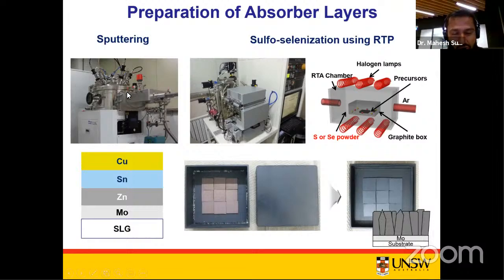So the actual photograph of the sputtering system, then the rapid thermal annealing process, the schematic of how this rapid thermal annealing process is carried out using sulfur and selenium mixed powders in a graphite box, the photograph of the precursor film deposited using sputtering, and the actual photographs of CZTSSe thin films after the selenization using this RTP.